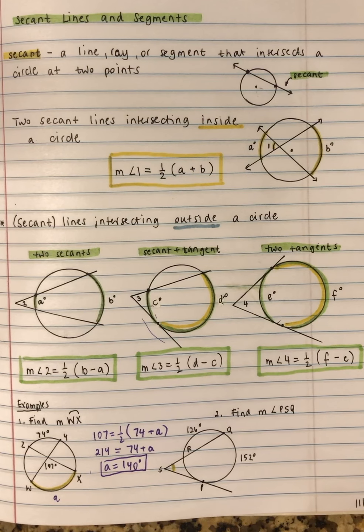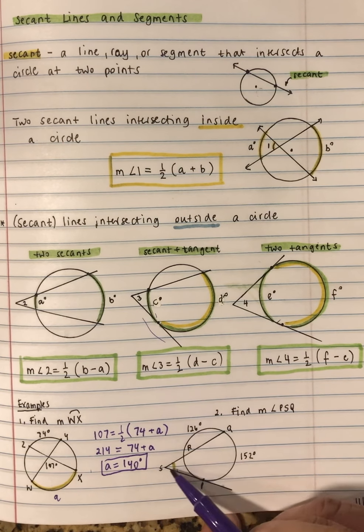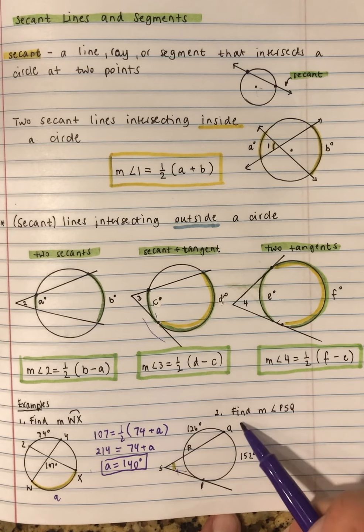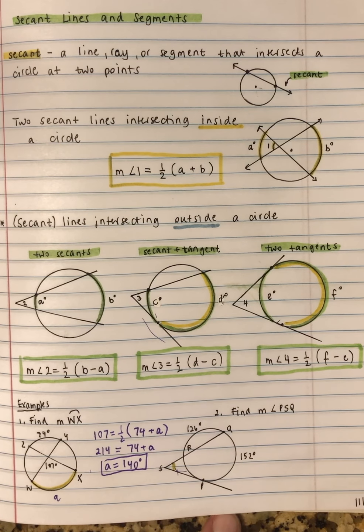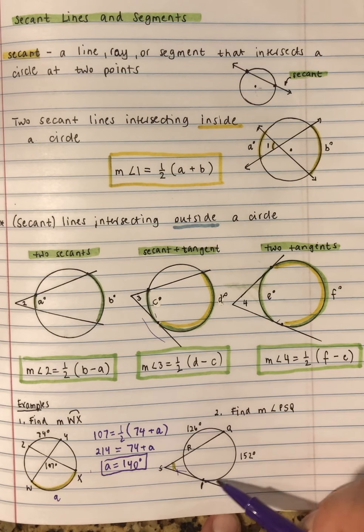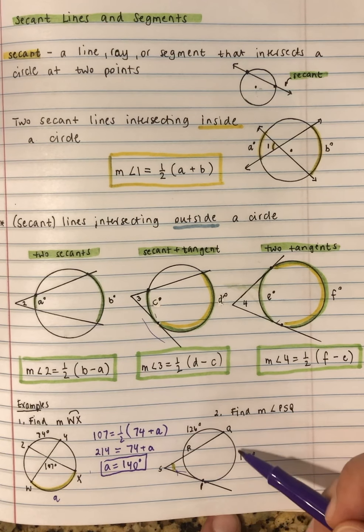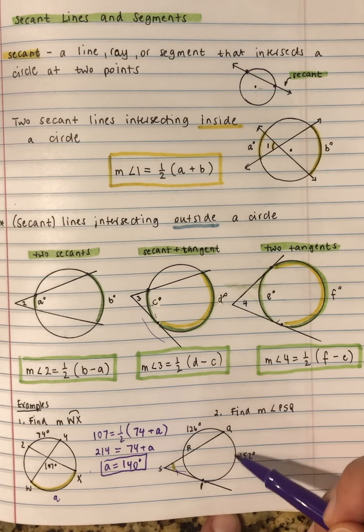In question 2, we are asked to find the measure of this angle S right here. Since the lines intersect outside of the circle, we know that it's going to be half of the difference between this arc on the outside and the arc on the inside. Now I know the measure of this arc, 152.